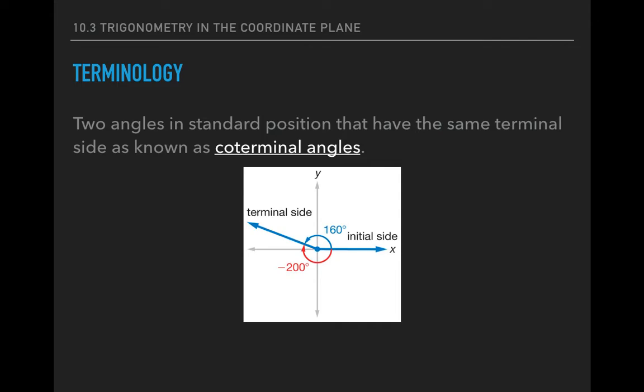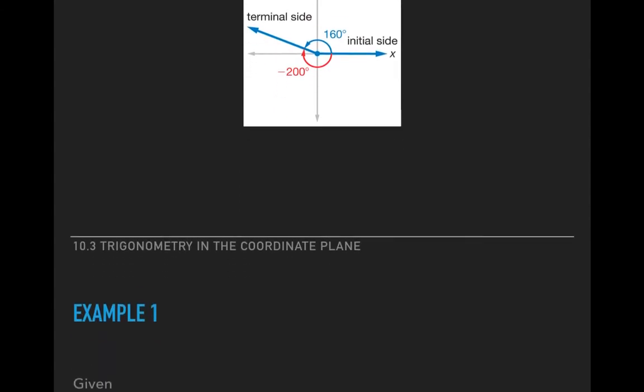In this diagram, which was just above, you have a positive angle, 160, measuring up and over, and you have negative 200, but they both end at the same terminal side. Both those angles do. And that is a scenario of coterminal angles. Now, you could have a lot more than just this scenario. Let's look at some more like this.